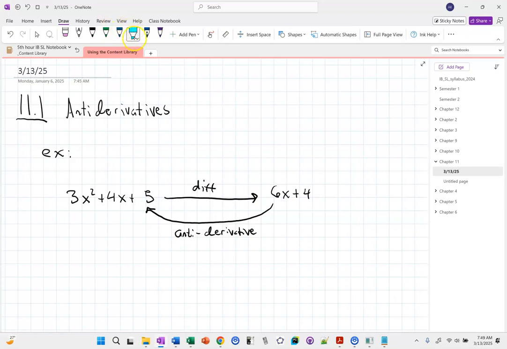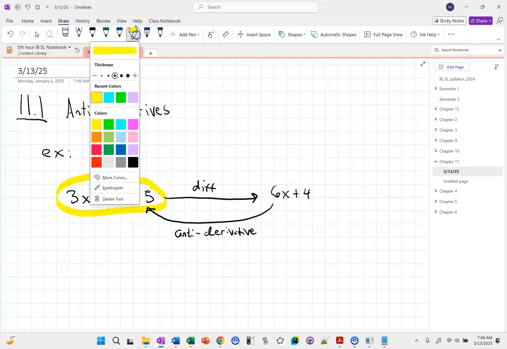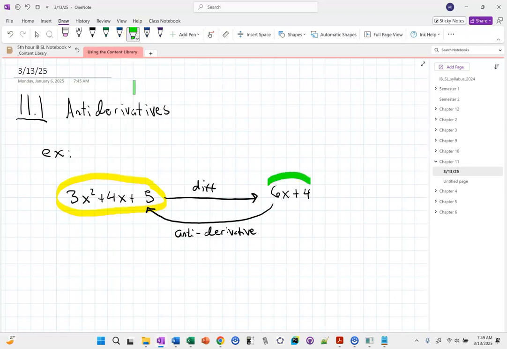So in that sense, we could call 3x squared plus 4x plus 5 the antiderivative of 6x plus 4. So what we're really talking about right now is undoing the differentiation process.